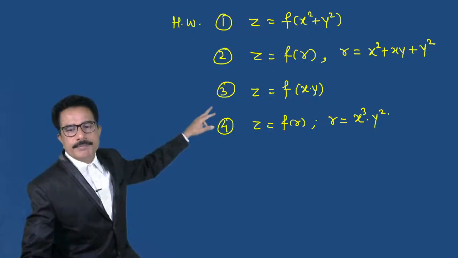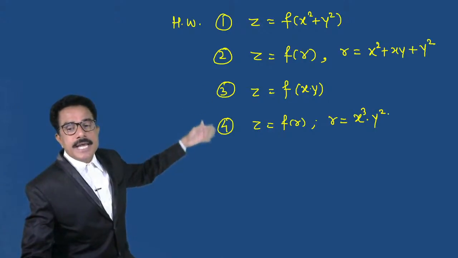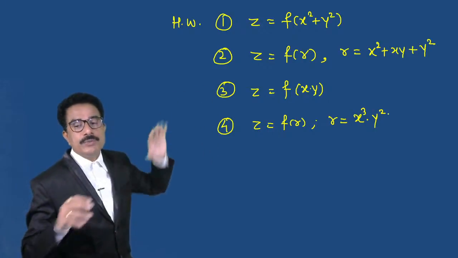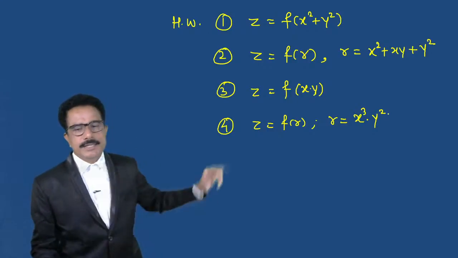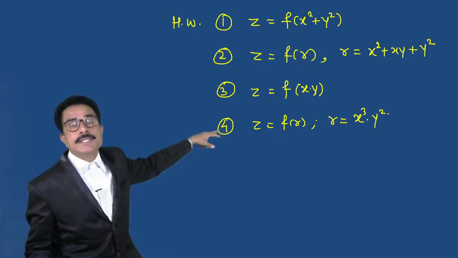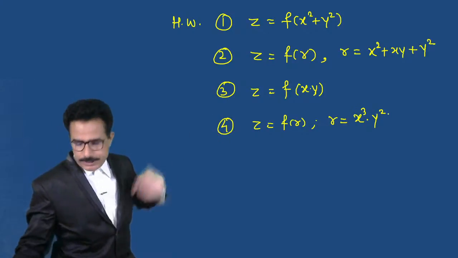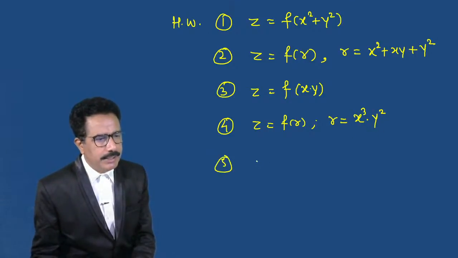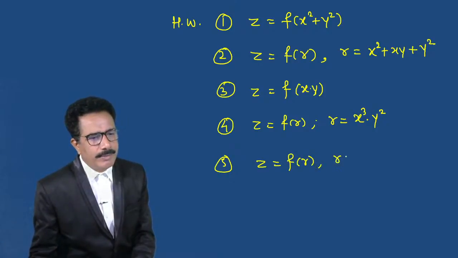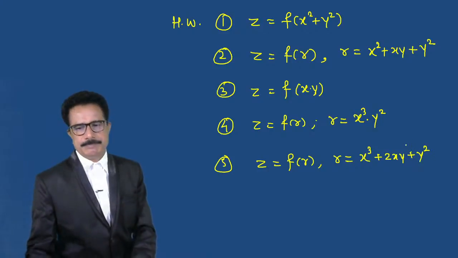If the functions are in homogeneous form, let me explain here with a fifth example. Suppose z is equals to f of r, comma r is equals to x cube plus 2xy plus y square.